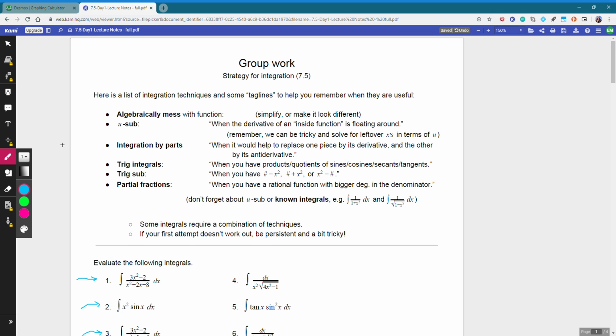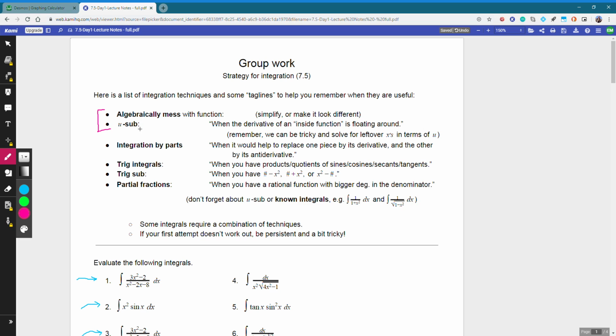All right, so before we even started chapter 7, we had these two basic techniques. One is we could just algebraically change the way our function looks, split up a fraction, do stuff like that. Let's make it look different. And we had u sub, which undoes the chain rule, right?